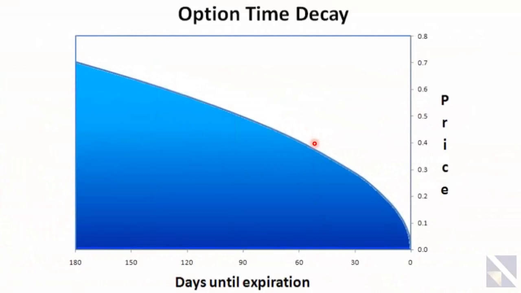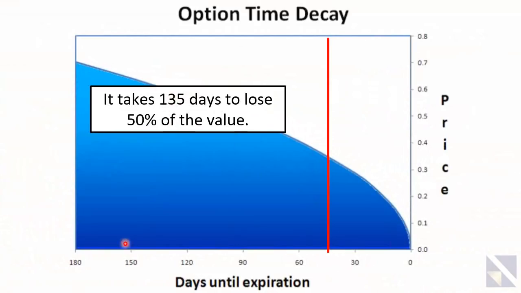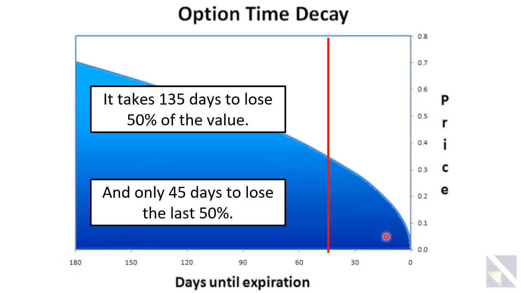As the days go by, it is getting more and more towards where it's no good, right? It's decaying, let's say. Okay, so here's your option. In the first 135 days of a 180-day life cycle of an option, it loses half of the value. You know what that means? The other 45 days, it loses the other half.